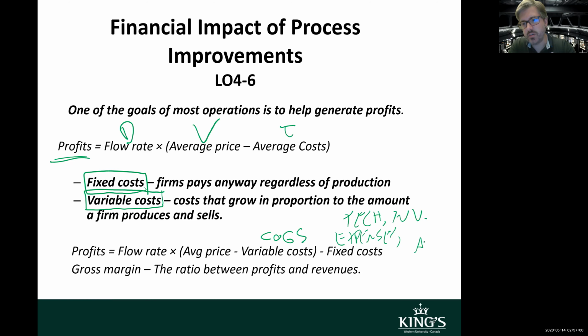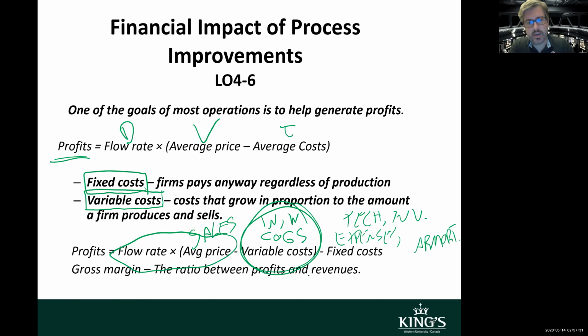This is going to show as amortization, for example, right? While on this side, this will be your inventory, this will be your direct wages in your organization, and this will be your sales. So there's no way that you can detach your operations from finance. And ultimately, as you reduce these, you improve your gross margin.